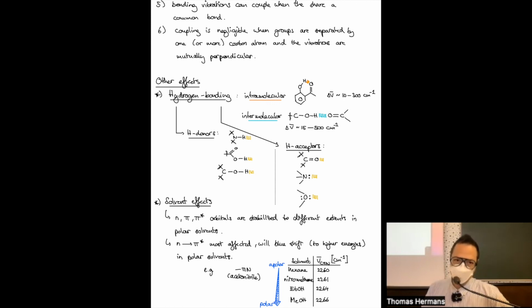And so especially the pi star is most affected. And this will blue shift. Right, we saw that in UV class, so that means to higher energy in a polar solvent.